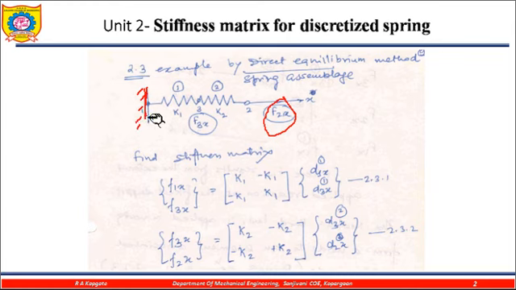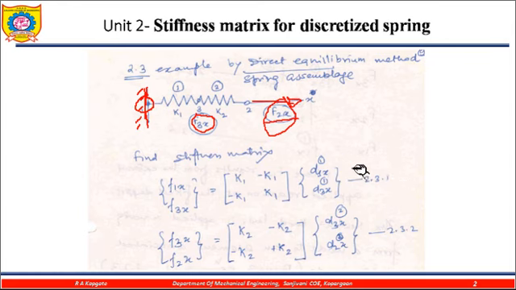At node 1 there is no movement, but at this point a force is applied along the x-axis, so f2 is a force, and f3 is a force. How much force we need at this node is also possible to calculate using finite element analysis, and this is f2x.